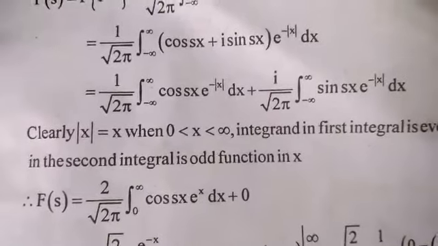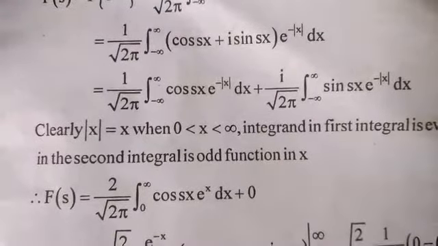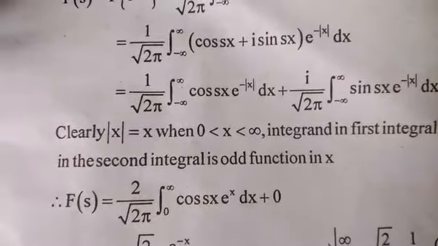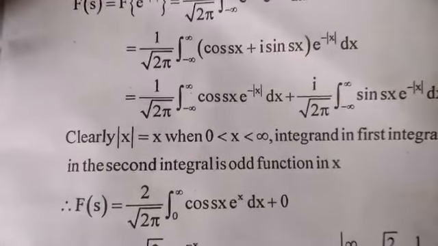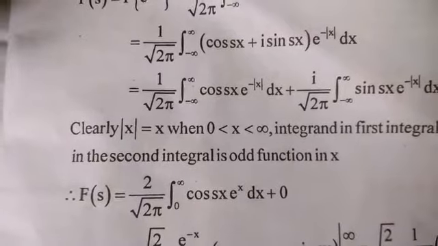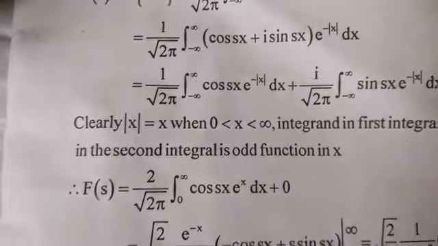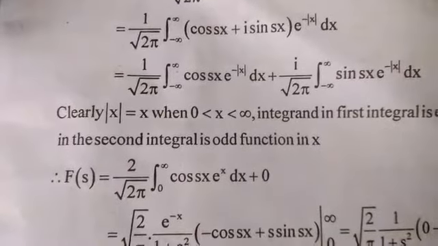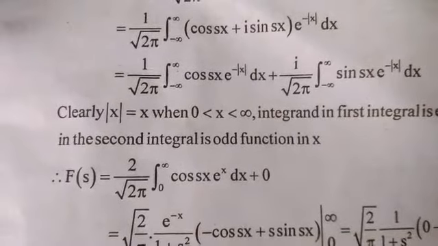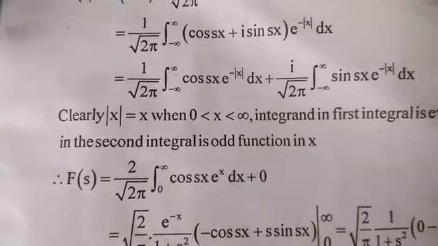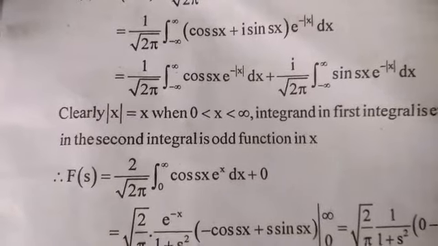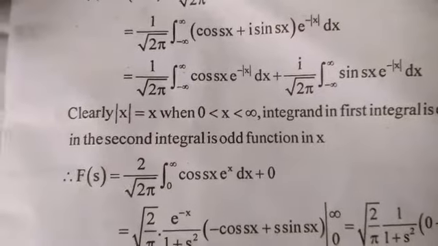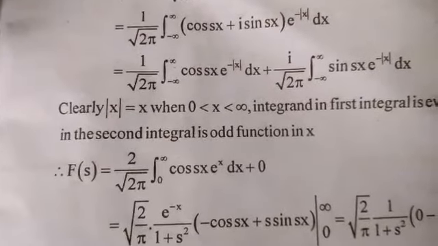Here the equation becomes 1 divided by square root of 2 pi integral from minus infinity to infinity cos sx e to the power of minus absolute x dx plus i divided by square root of 2 pi integral from minus infinity to infinity sin sx into e to the power of minus absolute x dx.